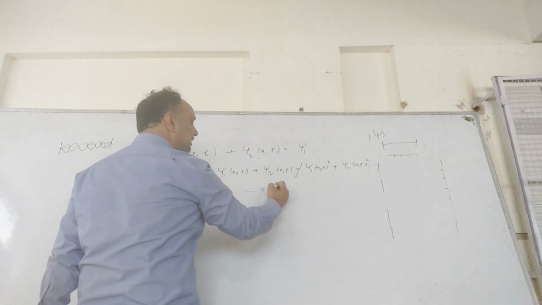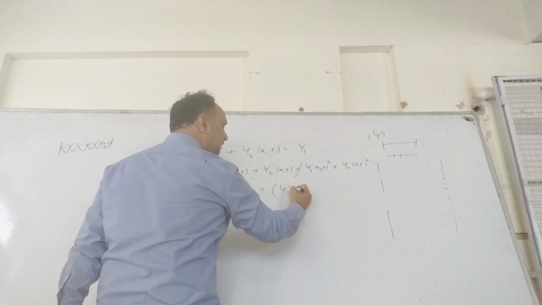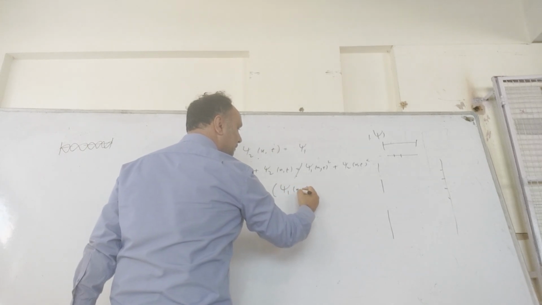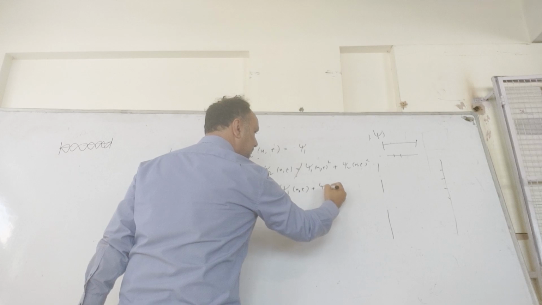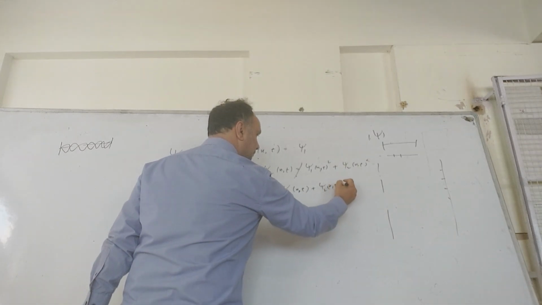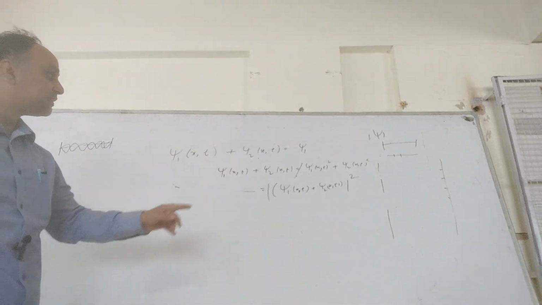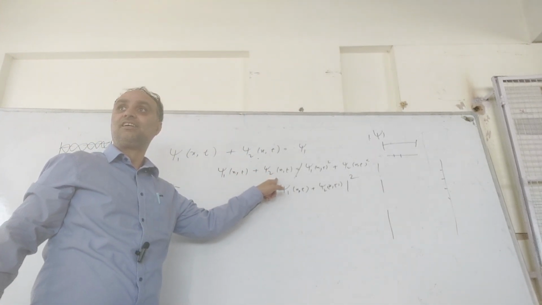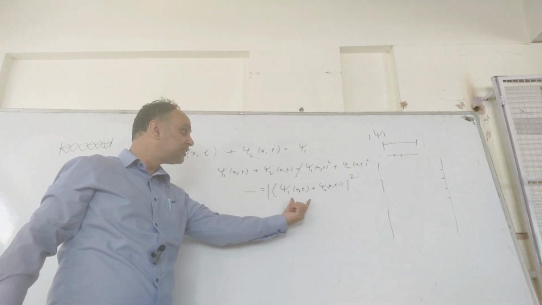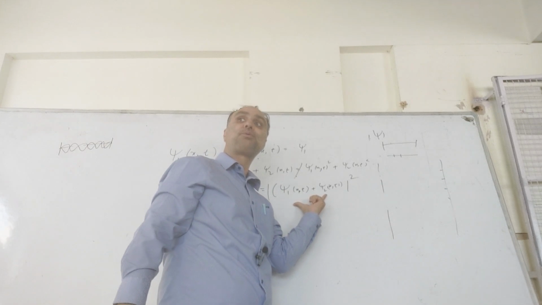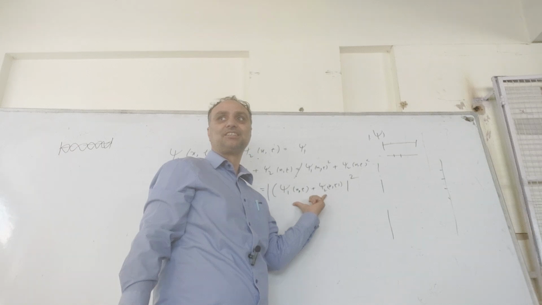It will rather be like this, because once they interfere, it will be like this, because the two waves are interfering, and this is the amplitude of the superposed wave which is in consideration.